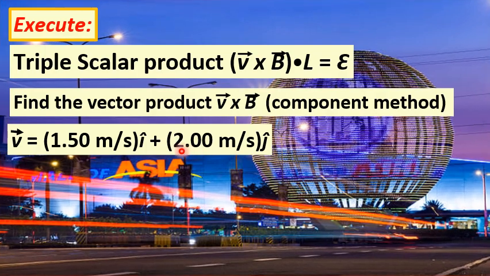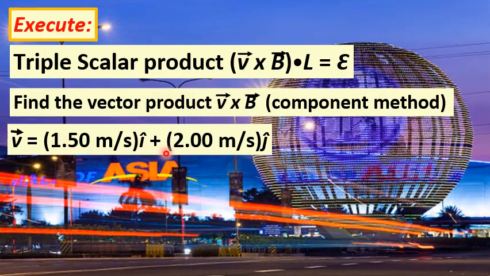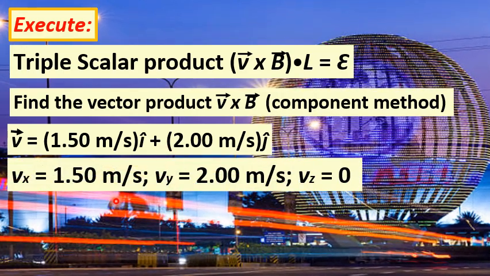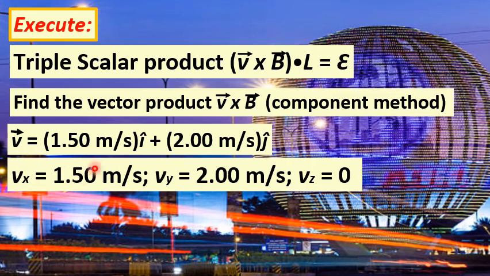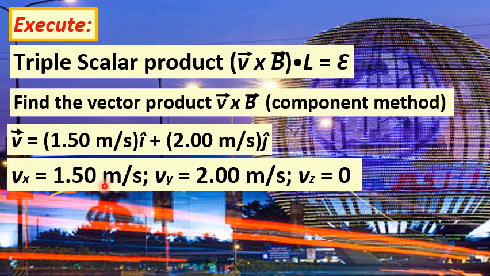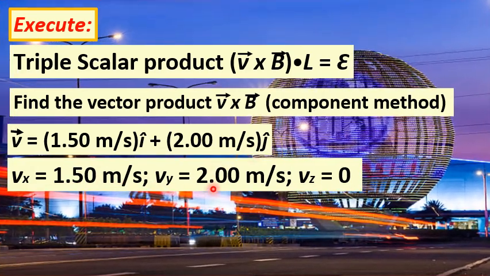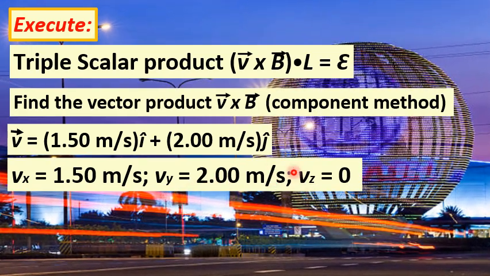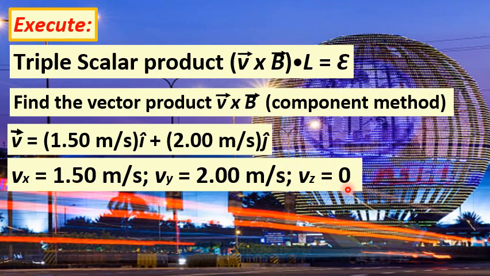From this velocity vector equation, we can figure out what the x component of the velocity is. So that is 1.50 meters per second, while the y component is equal to 2.00 meters per second. And obviously, there is no z component of the velocity.